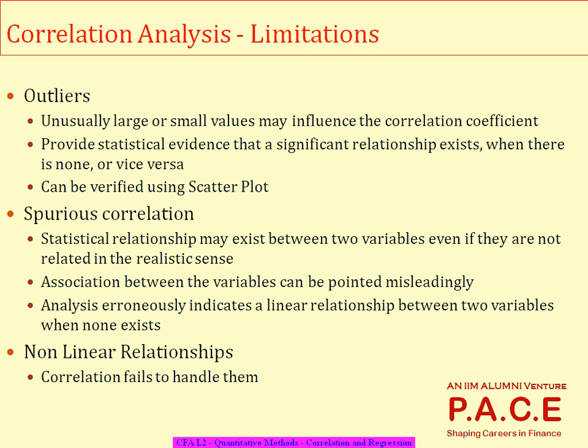Two, there is a concept of spurious correlation. Probably the best example is, I take the sales of my company and I take the GDP of Uganda and try to find the correlation. I may get 0.7, 0.8 because my sales are growing, and Uganda's GDP is also growing. So the correlation analysis may say there is a very strong correlation between these two, whereas from an economic standpoint, there may not be any kind of relationship between the two variables.